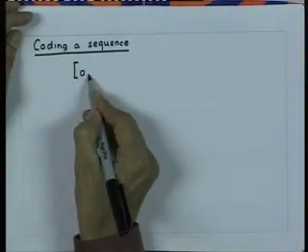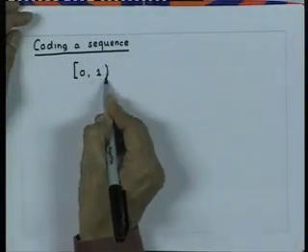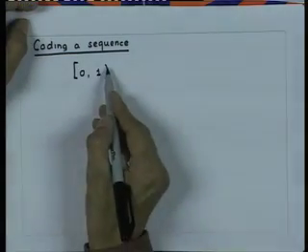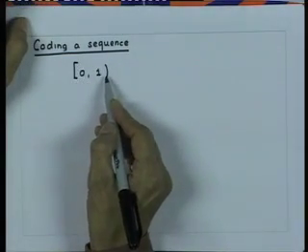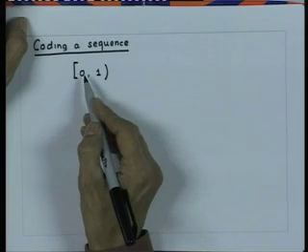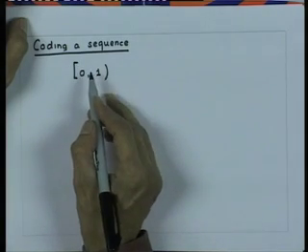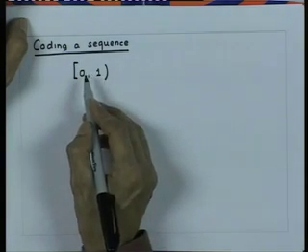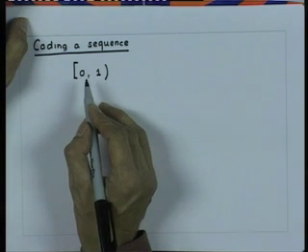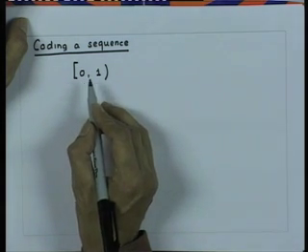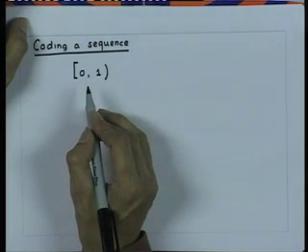One possible set of tags for sequences of symbols are the numbers in the unit interval 0 to 1. Because the number of numbers in the unit interval is infinite, it should be possible to assign a unique tag to each distinct sequence of symbols.